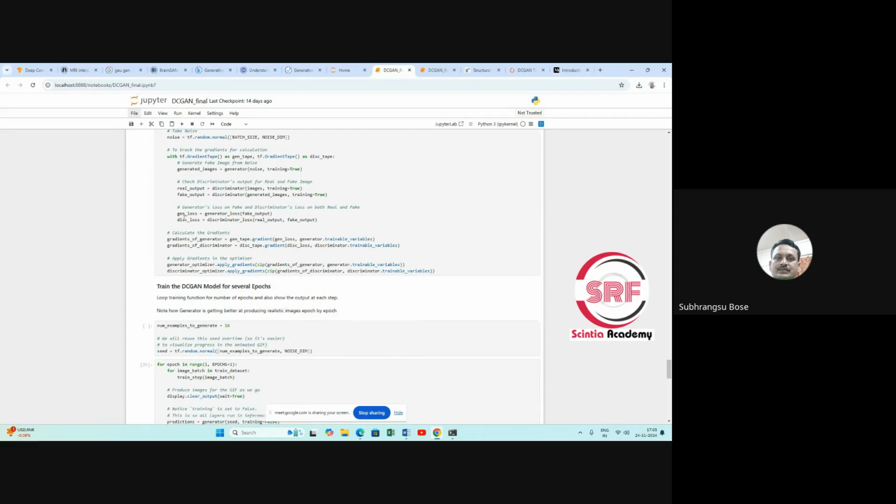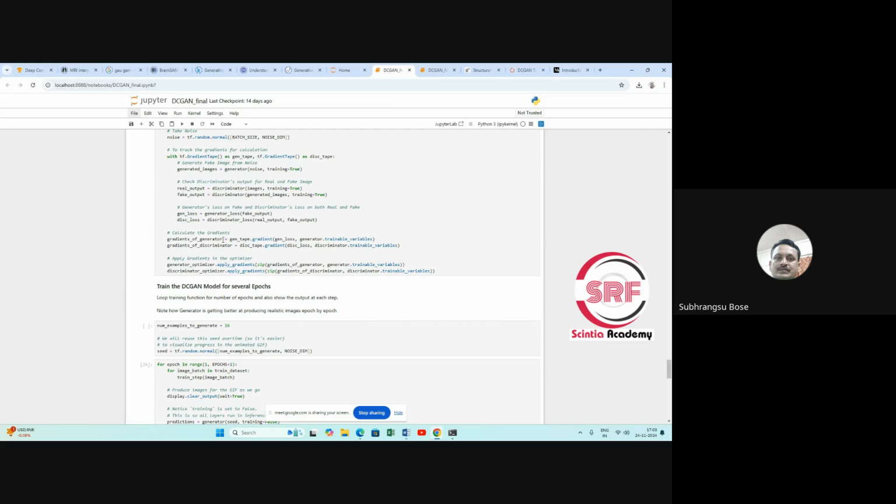For the generator loss, we calculate the gradient: gradient tape gradient of generator loss with respect to generator trainable variables. Through the trainable variables, the loss incurred by the generator is converted into gradient values. Same for the gradient of the discriminator.